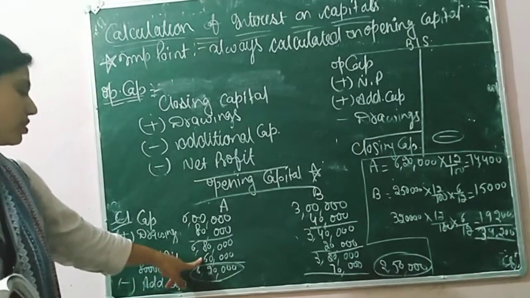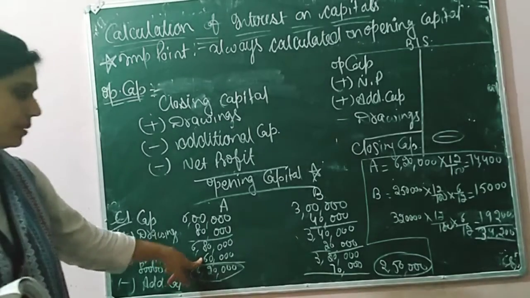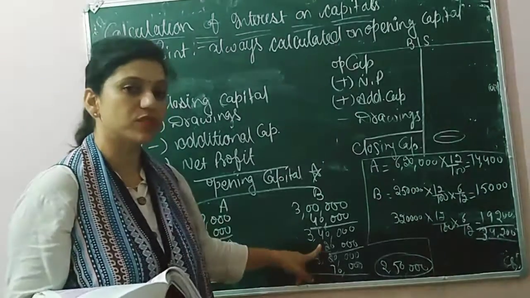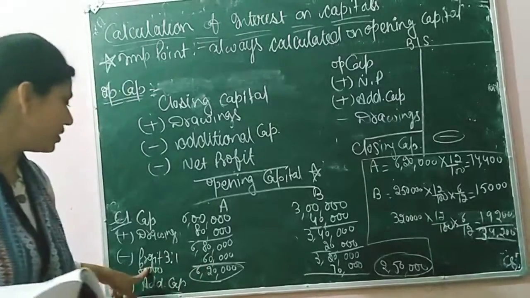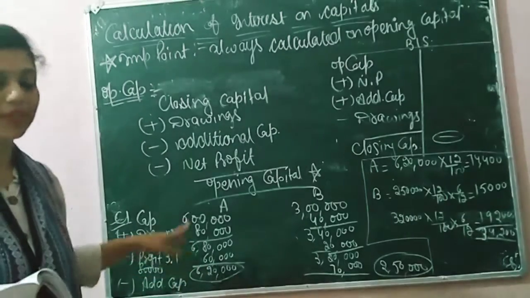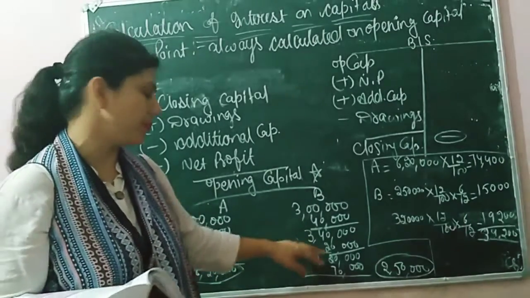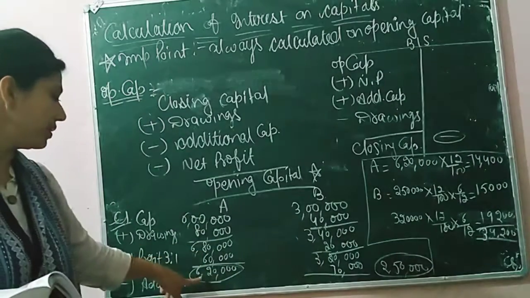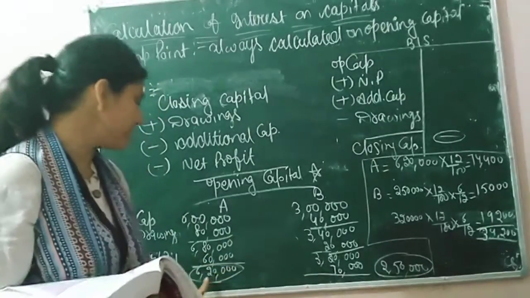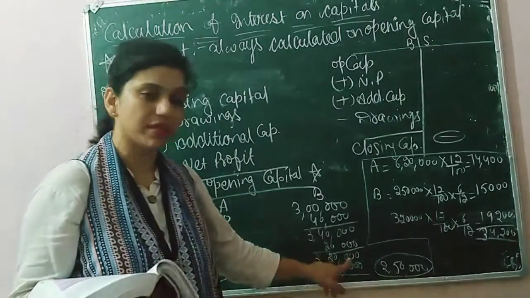So 60,000 should be deducted from A's capital and 20,000 from B's capital. 80,000 multiplied by 3/4 is 60, and 80,000 multiplied by 1/4 is 20. So after deducting net profit, we have 6,20,000 and 3,20,000 here.